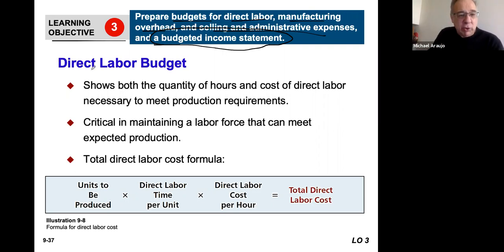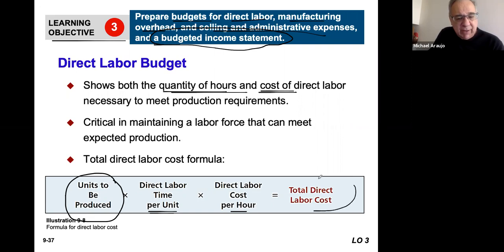Okay, so direct labor here is the very first one. We need to find out how many hours of labor we need and what the cost of those hours would be. That's really, really important. So we find out, first of all, how many units we're going to be producing, and then the amount of labor in time per unit, and then how much per hour for that labor.